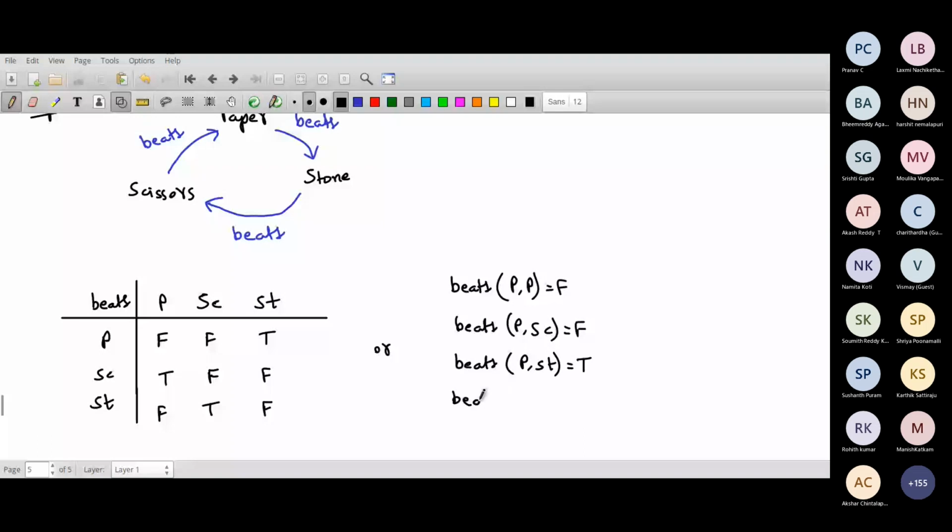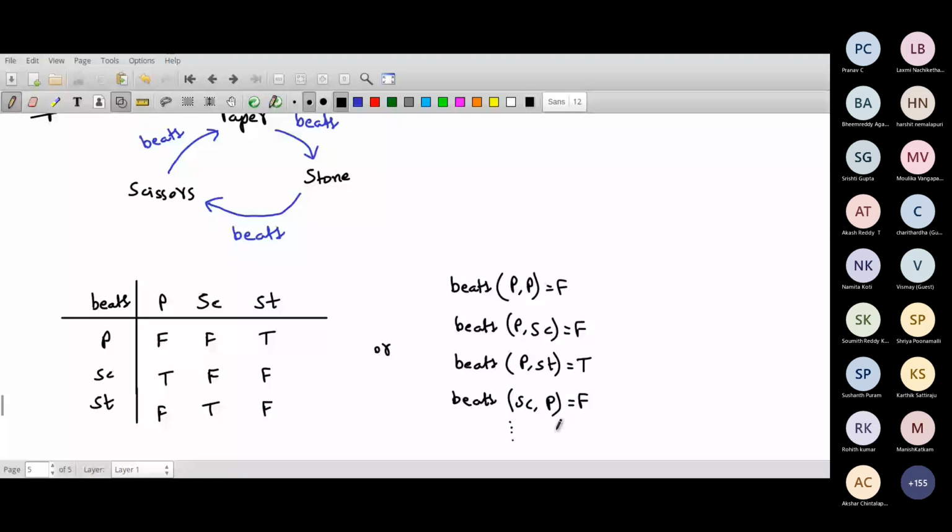Beads: scissors, paper, false. Okay, so you will get 9 items here in this list. All right, so there are two ways of representing this function. Fine.